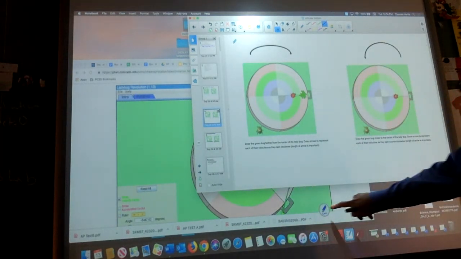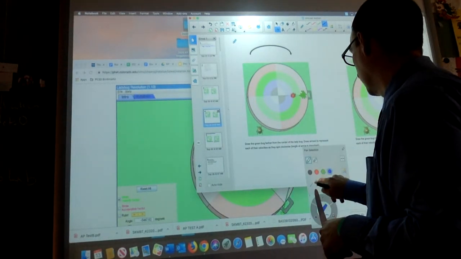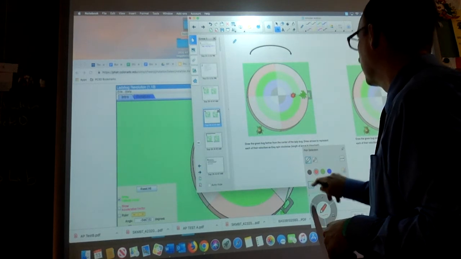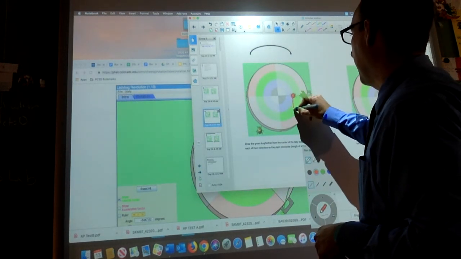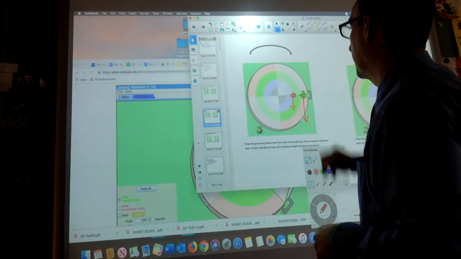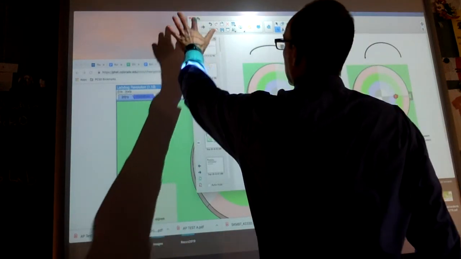So drawing our arrows on this, if that one was that long, this one should be long.